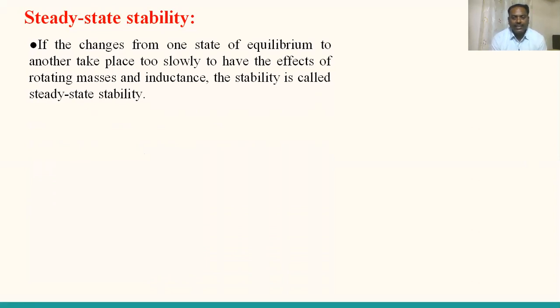Initially the system is operating without any disturbance, that means it is in equilibrium condition. After commencement of the disturbance, the system takes another equilibrium position very slowly, due to the effects of the rotating masses and inductance. Such type of stability is known as steady state stability.